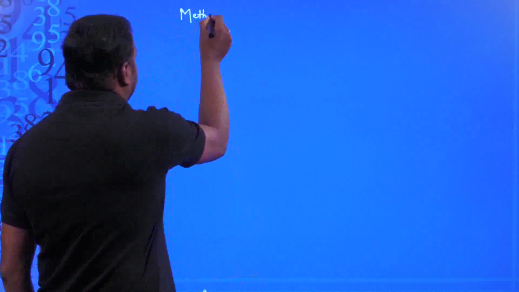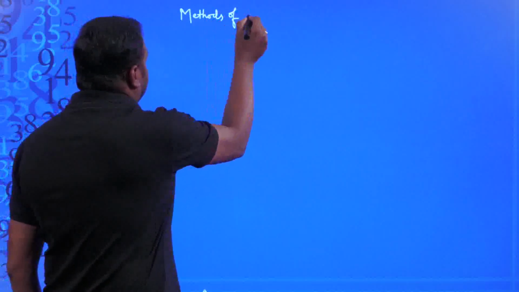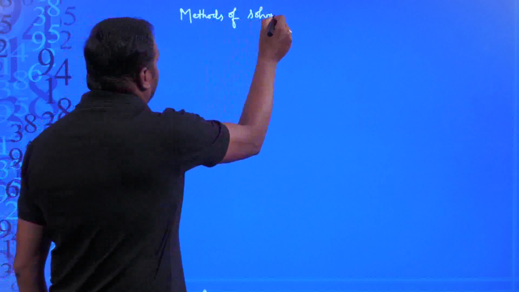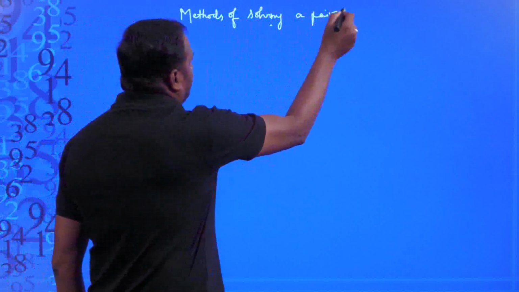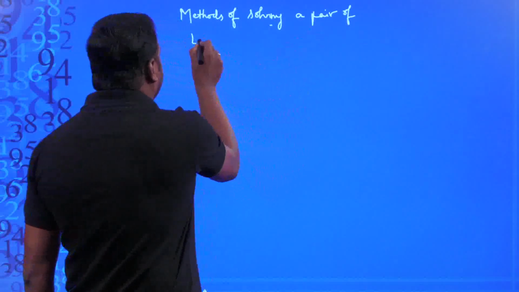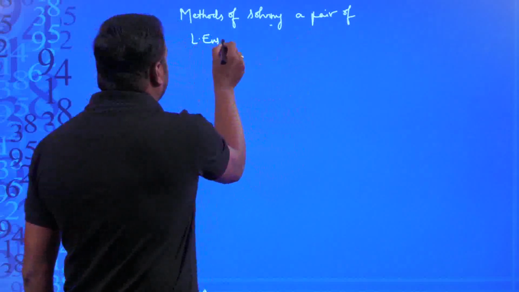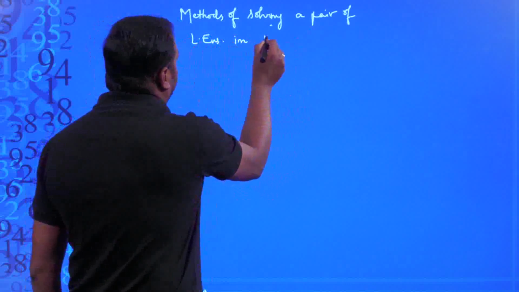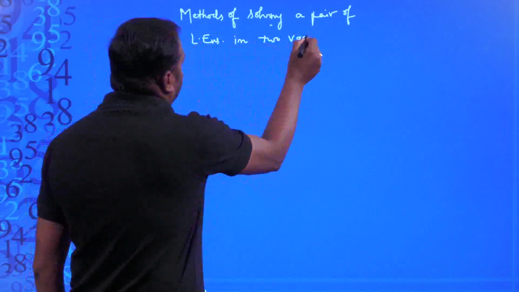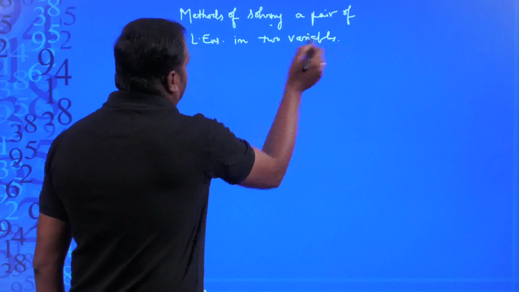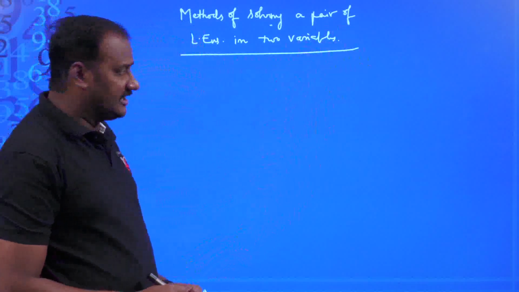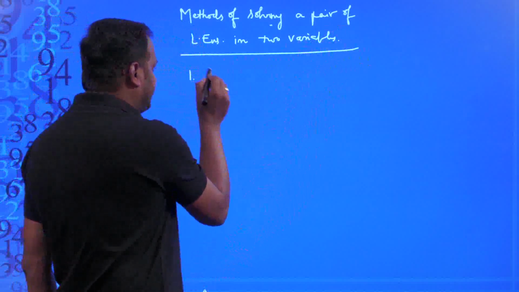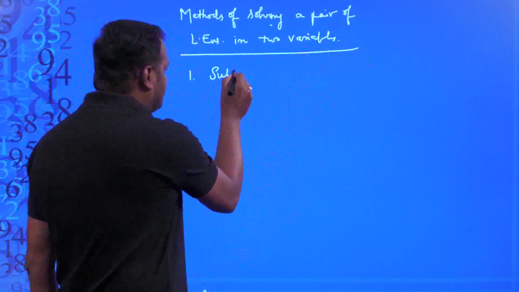Those methods of solving a pair of linear equations in two variables are, the very first method is the substitution method.